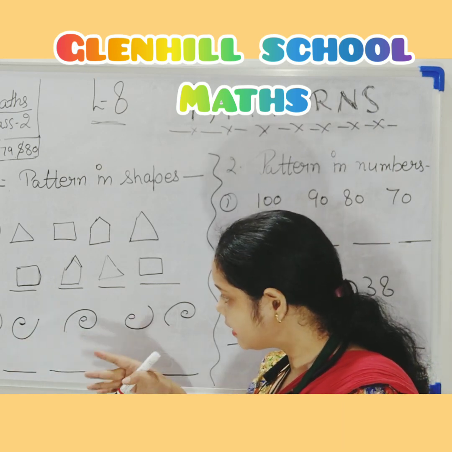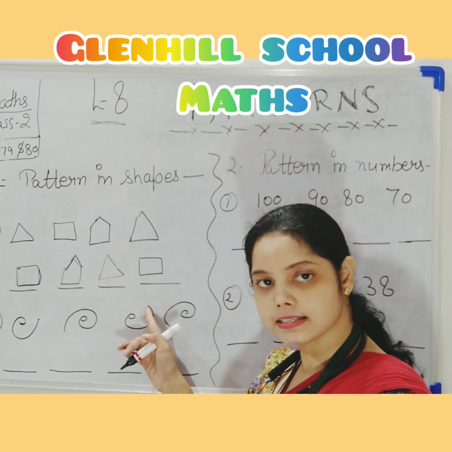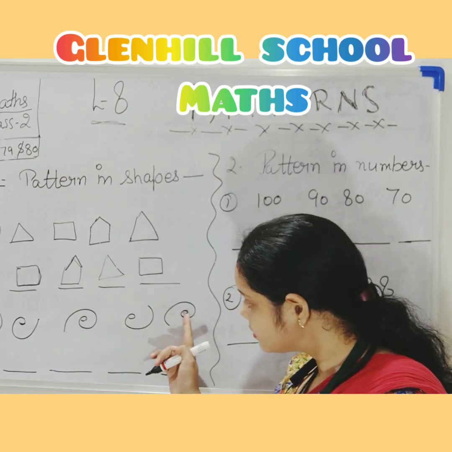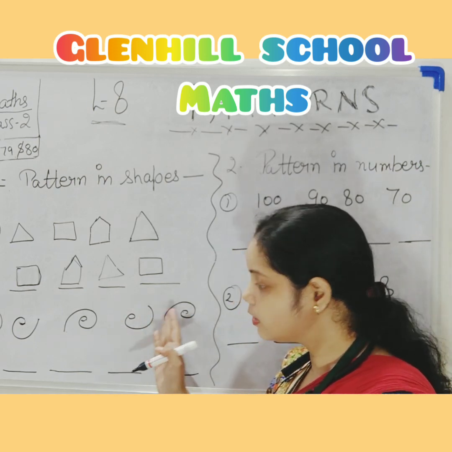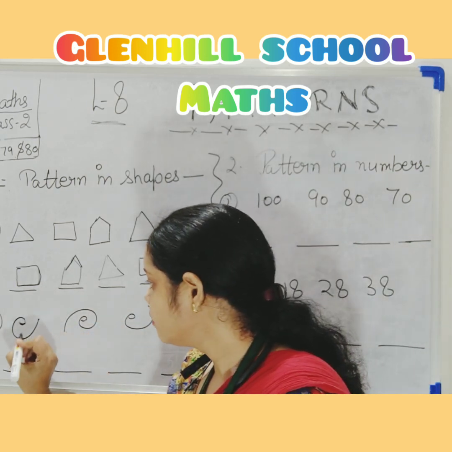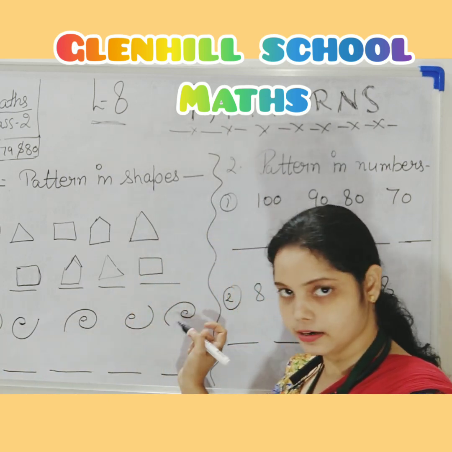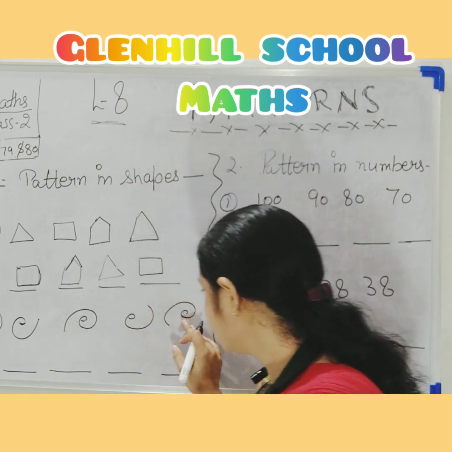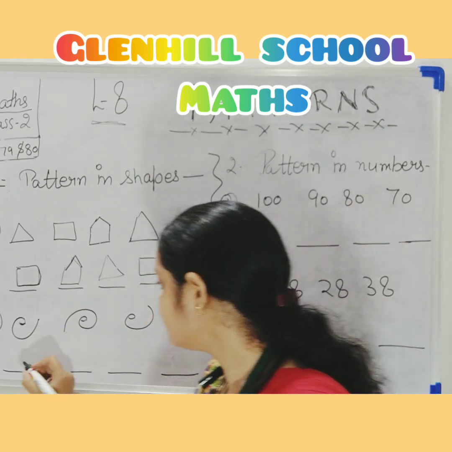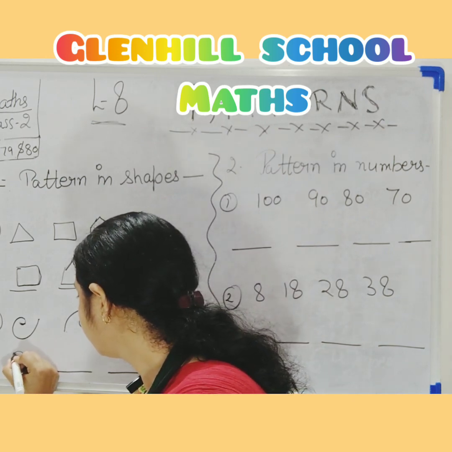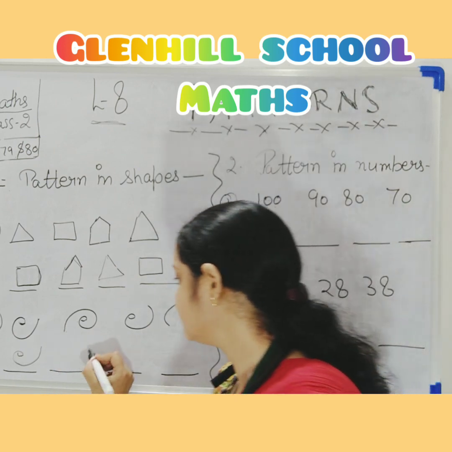Here the fourth figure is exactly the opposite of the third figure. That means the shape will go with the first, second. So next, if the face is here and the tail is finished at this side, it should be started from here and the tail should be finished in this place.